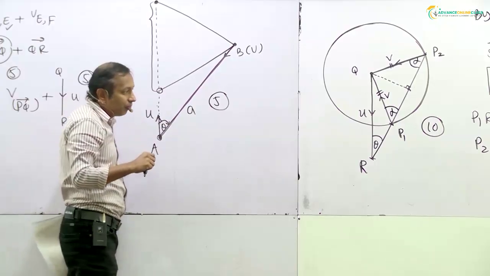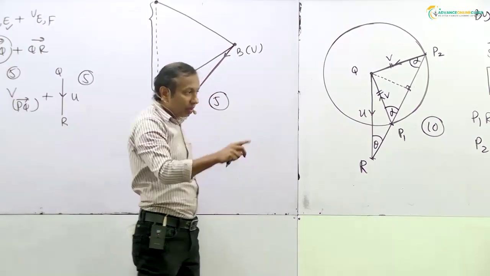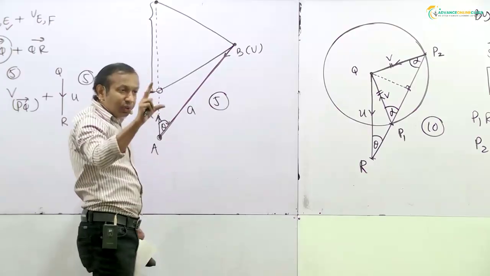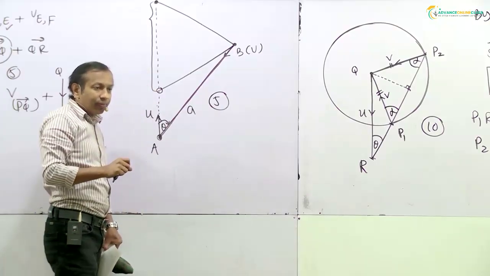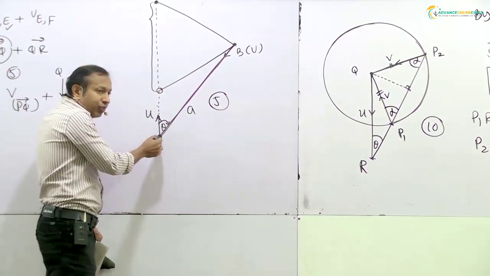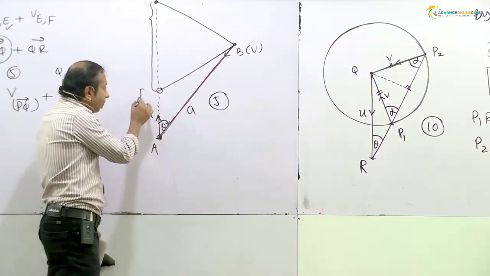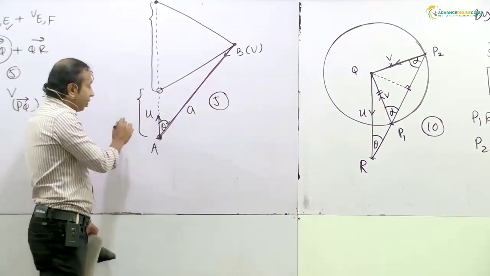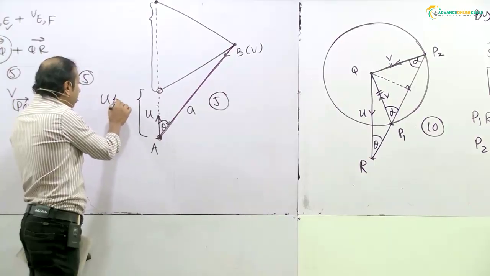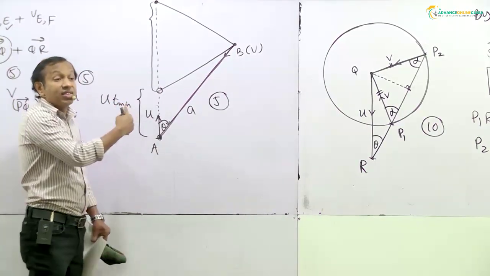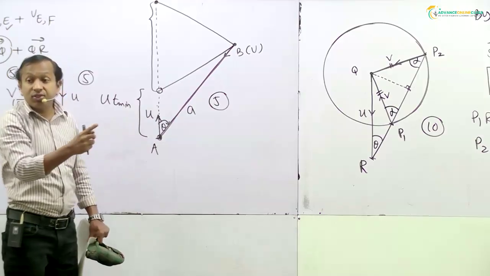For the shorter time, we find T minimum. During that time, the ball moves with velocity u this distance. What's that? u into T minimum. Why? Distance is what? Distance S equals u t.